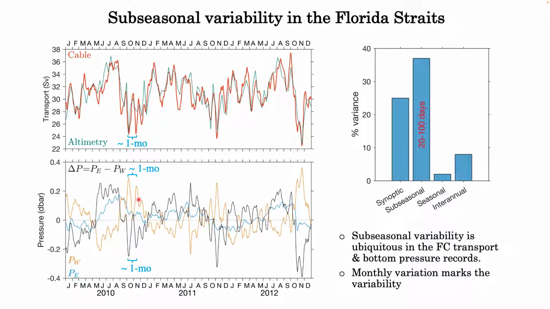So by eyeballing those time series, we can identify that subseasonal variations are quite pronounced in the data, particularly those monthly variations.